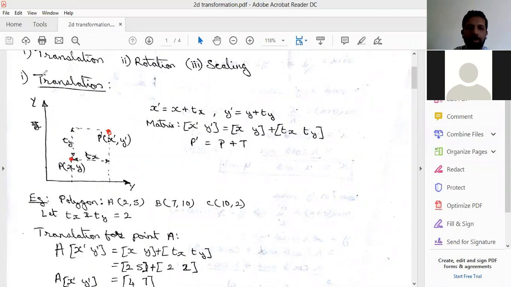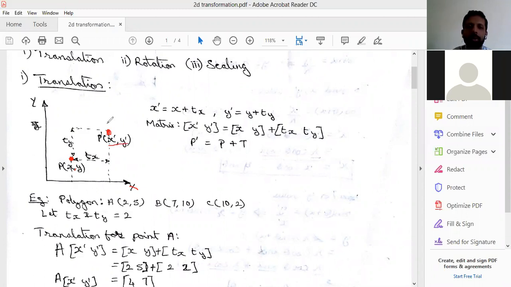So let us take up this example. We have the x and y axis. So let us have a point over here. I'll call it P, which has a coordinate of x comma y. I want this point to be moved to this new place P dash, whose coordinate will be x dash comma y dash.